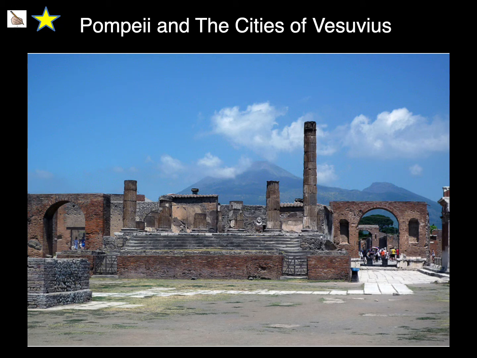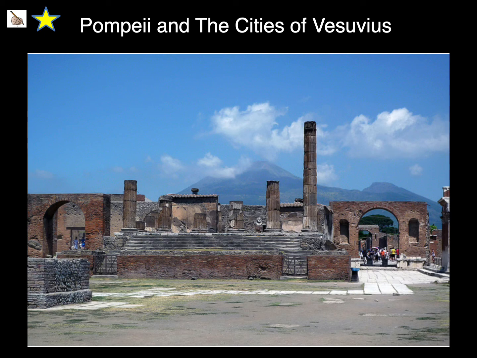Pompeii and the cities of Vesuvius. It was 1 p.m. on a summer day when, according to eyewitness Pliny the Younger, Mount Vesuvius erupted, spewing lava and raining ash on the nearby town of Pompeii.